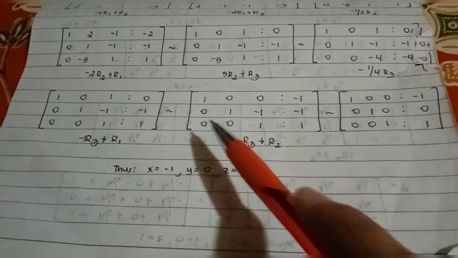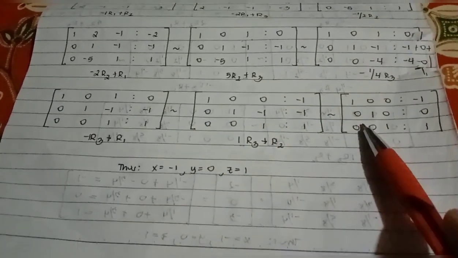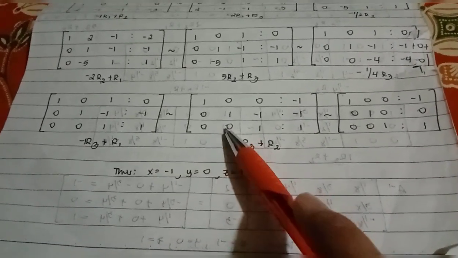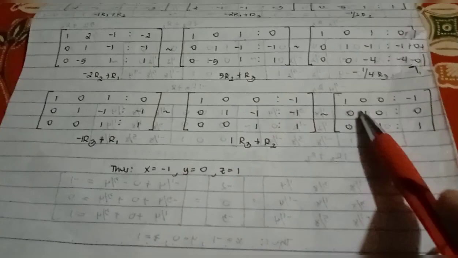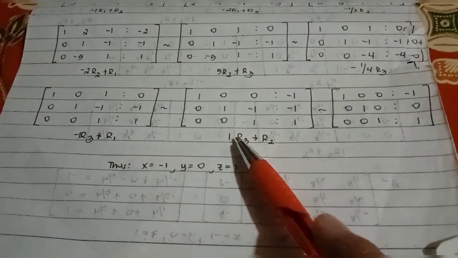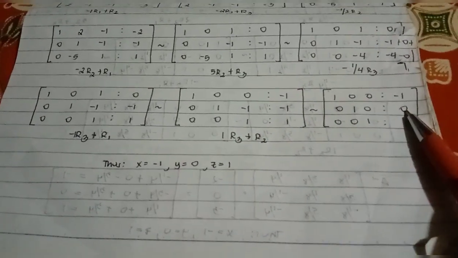So, 1 times 0 plus 0 is equal to 0. 1 times 0 plus 1 is equal to 1. 1 times 1 plus negative 1 is equal to 0.